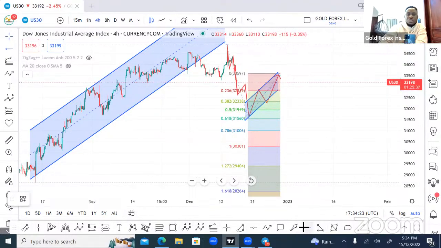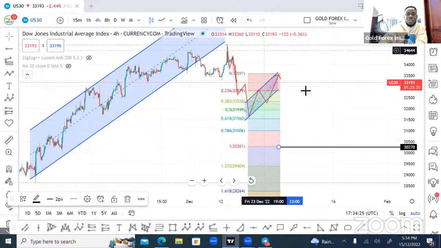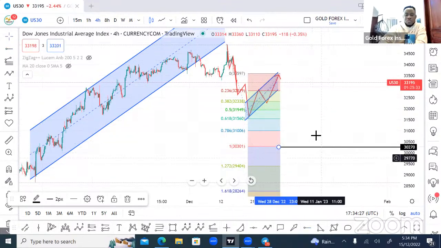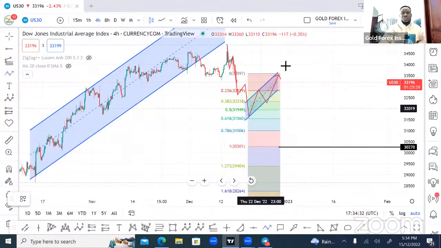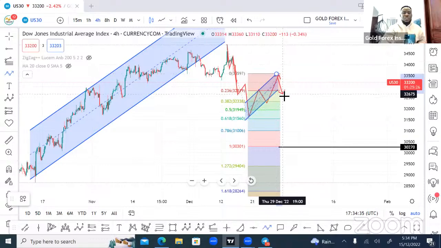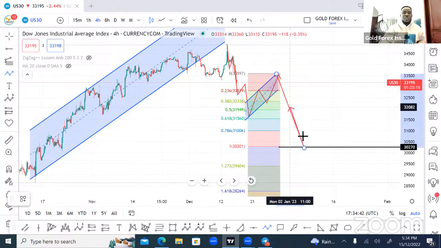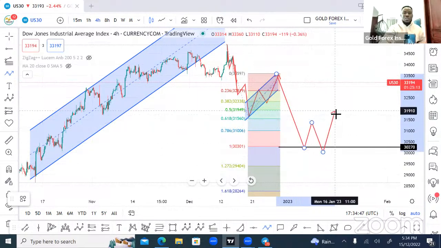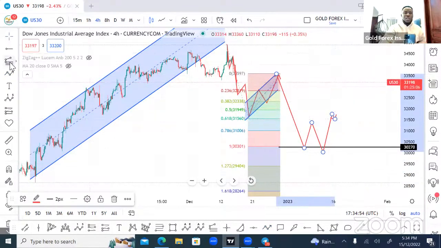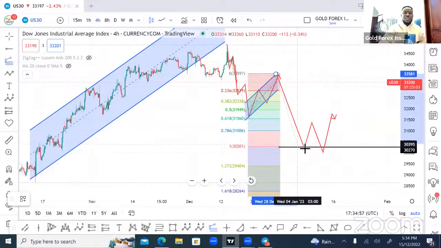So look for that correction, the Elliott wave correction. You may not know which Elliott wave correction it is, whether zigzag, flat, or triangle, any of them, so look for these kinds of patterns. Once it breaks, you sell and look for the 1.0 Fibonacci extension. Once you get here, you close, then look for a flat correction or triangle formation. Then the C leg breaks, and you look for another Fibonacci extension level.